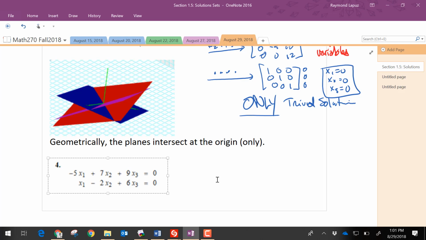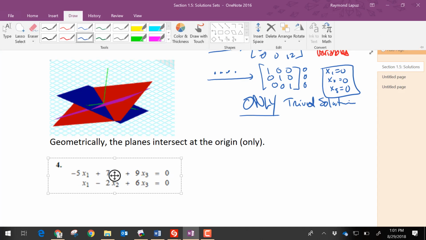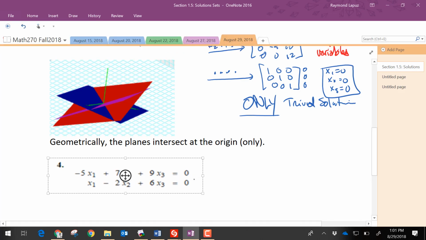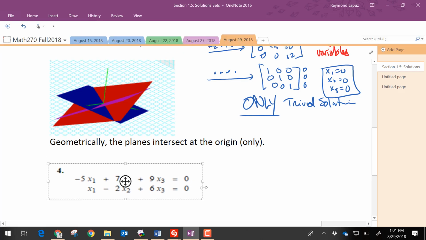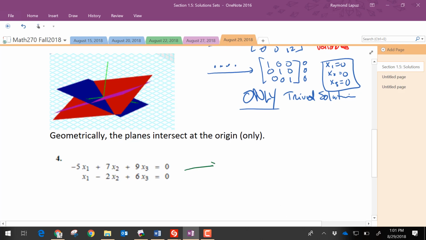All right, so this is another homogeneous system. Homogeneous, it's all equal to 0, and let's write it. Furthermore, the shape of it looks different because there are only 2 equations and 3 unknowns. And so if we do this, we get minus 5, 7, 9, and 1, minus 2, 6.